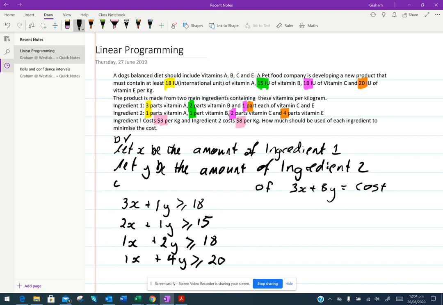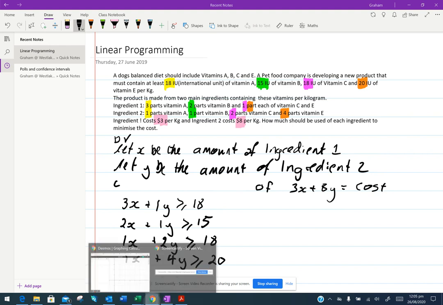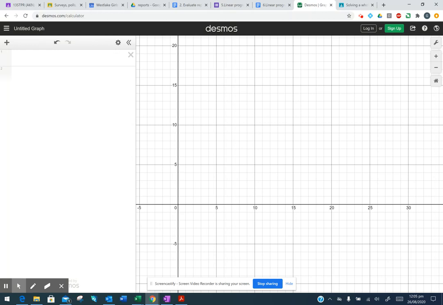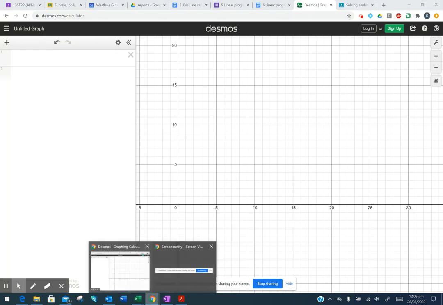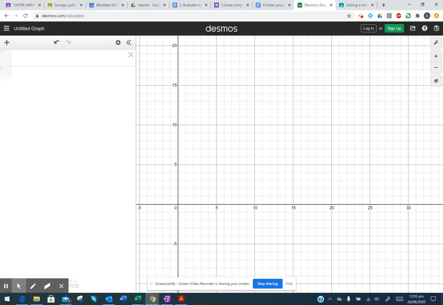Now I'm ready to flick over into Desmos. And here's Desmos ready for me. Now I've got to type in my constraints.